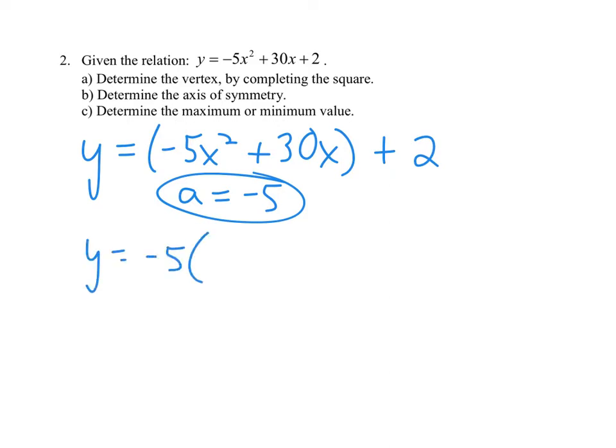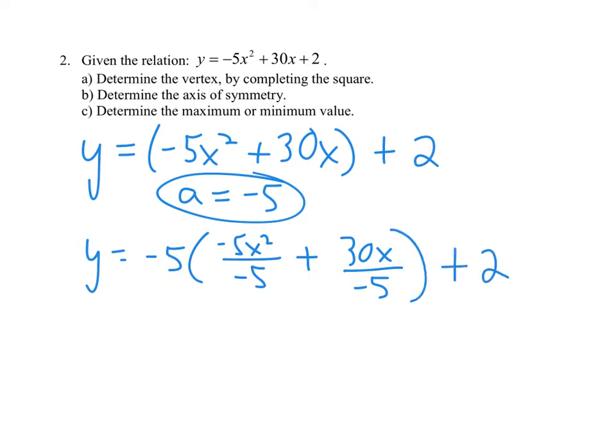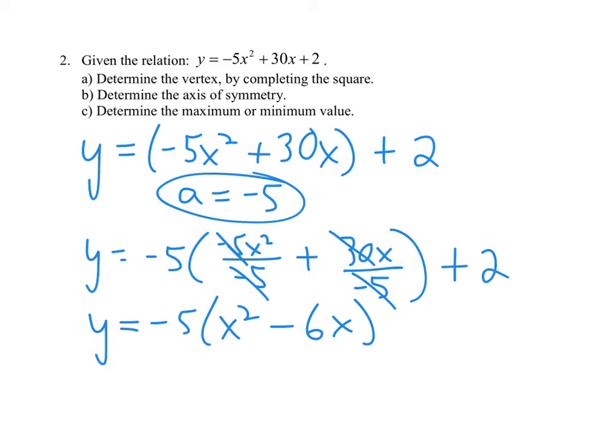The first term is divided by -5, and we common factor the second term as well, divided by -5, and the +2 remains on the outside. So when we simplify this, the -5 divided by -5 leaves us with x squared, and the +30 divided by -5 leaves us with -6x. Close the bracket, and the +2 remains.